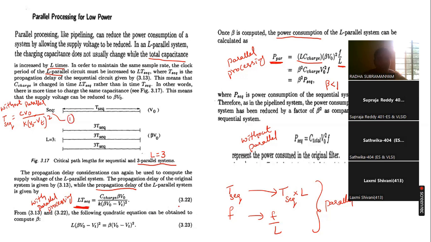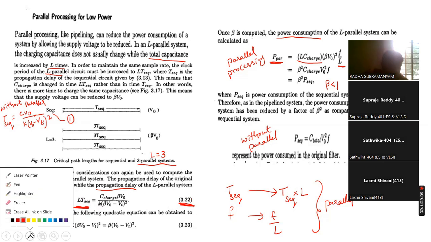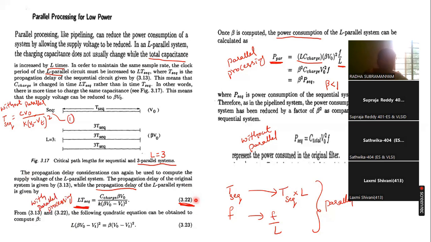Now compare 1 and 3.22. In equation 3.22, shift the L to the RHS. And then it will become K L into beta V naught minus VT whole square.